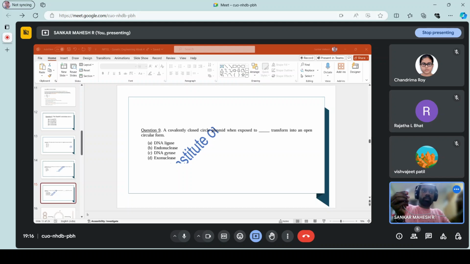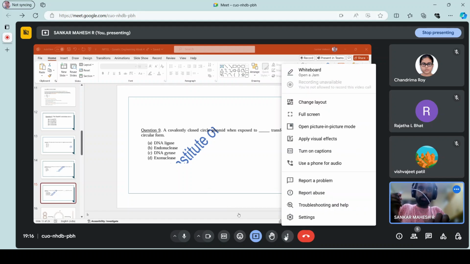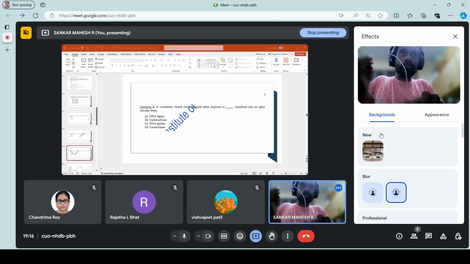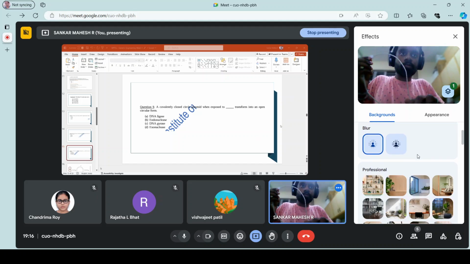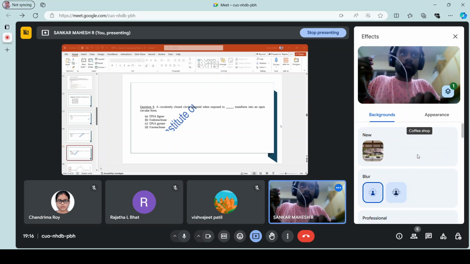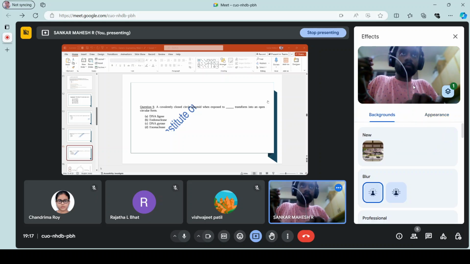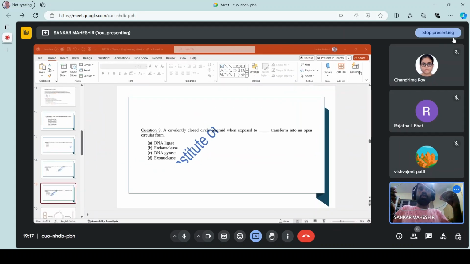Consider this as your open circular form and this as the closed circular form.